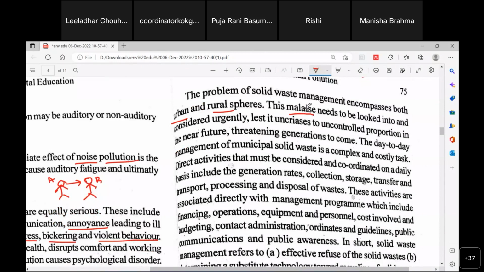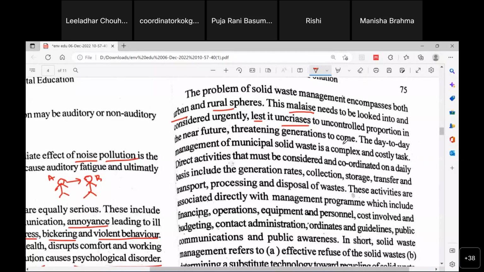The malaise means here a disease, or a bad problem. In simple language, this problem needs to be looked into and considered urgently, lest it increases to uncontrolled proportions in the near future. Increases means it will go beyond control in the near future, threatening generations to come.